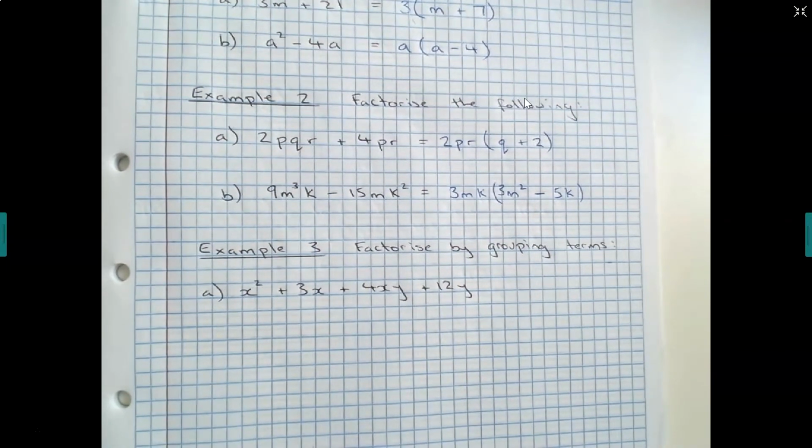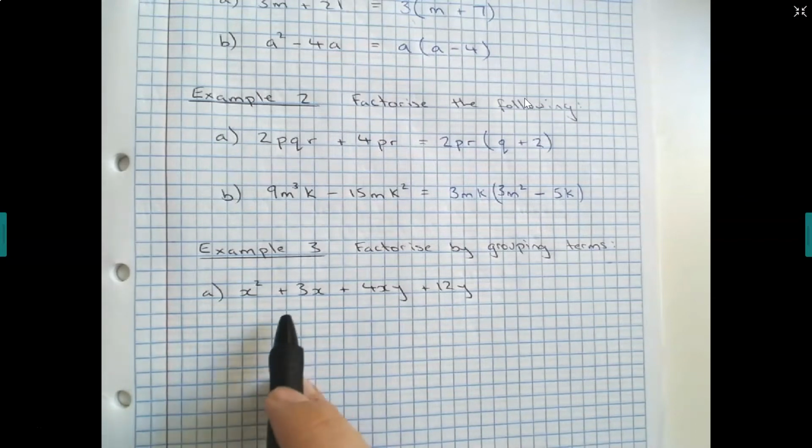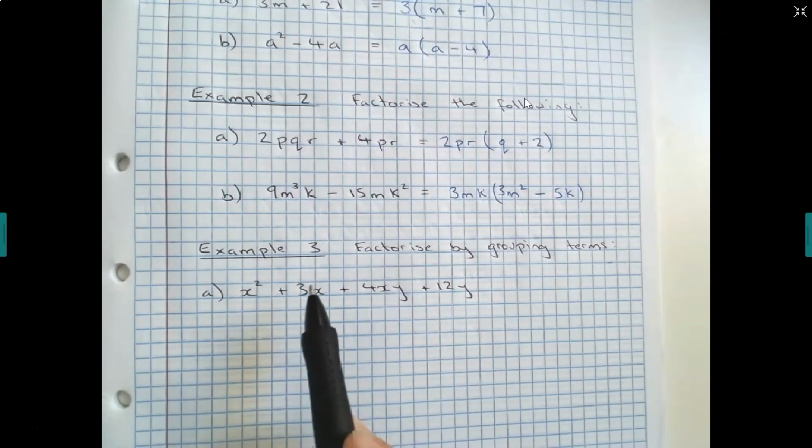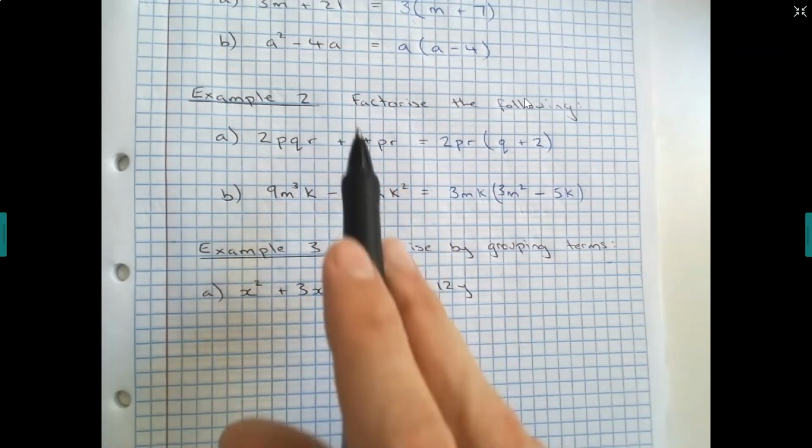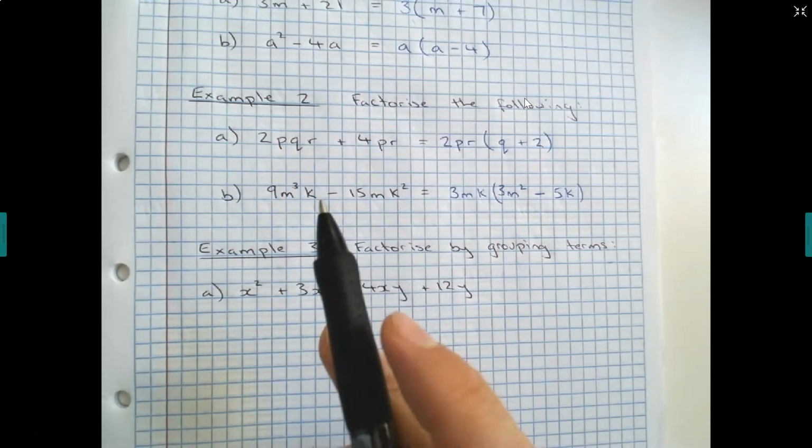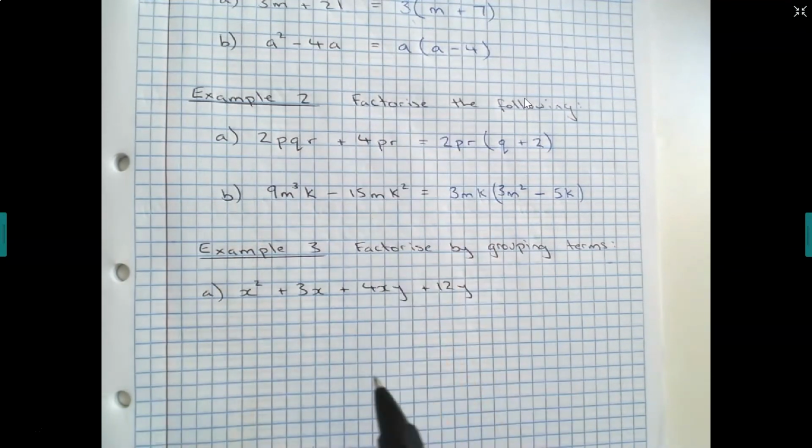The final example for today's lesson is going to relate to grouping terms. So here I have x squared plus 3x plus 4xy plus 12y. Now, in each of these examples above, I was looking for a common factor to each term.